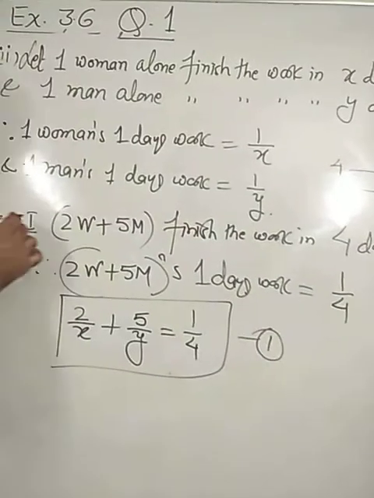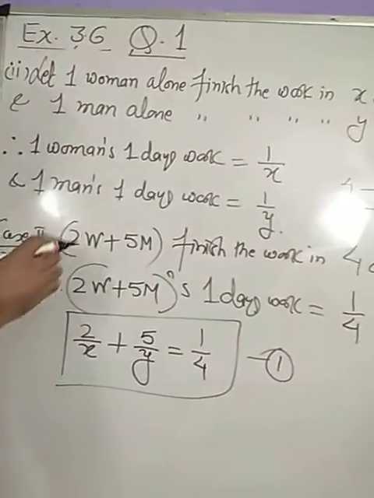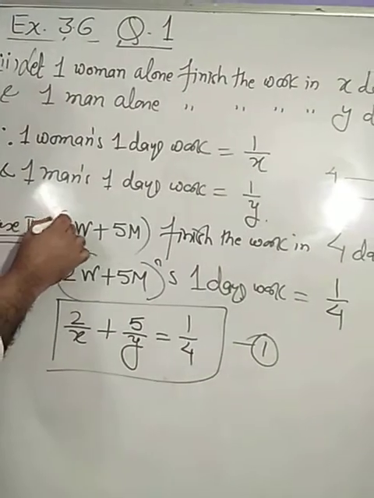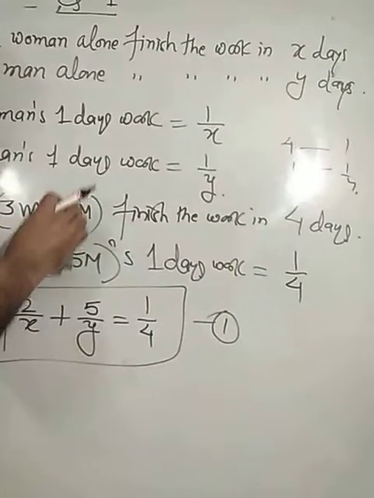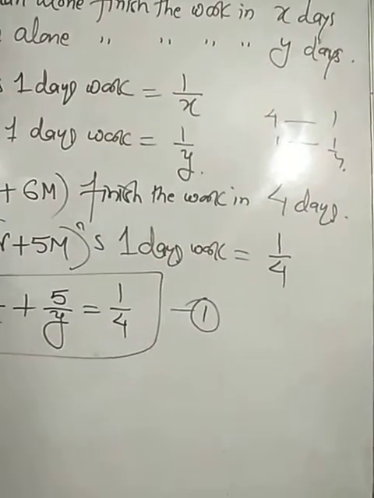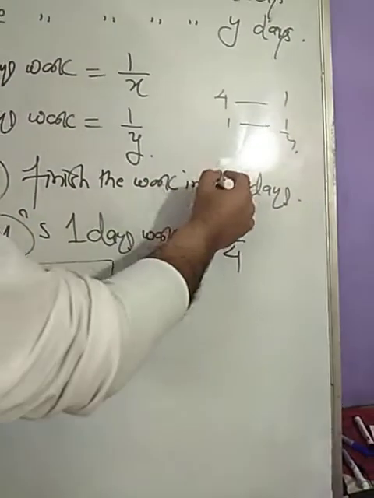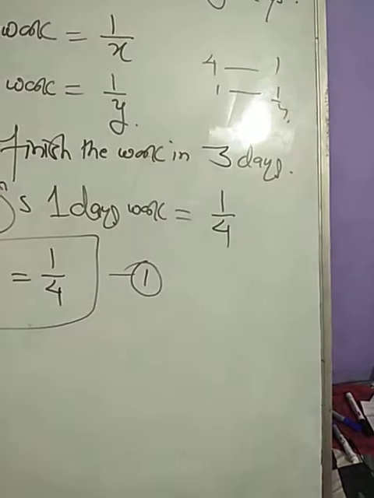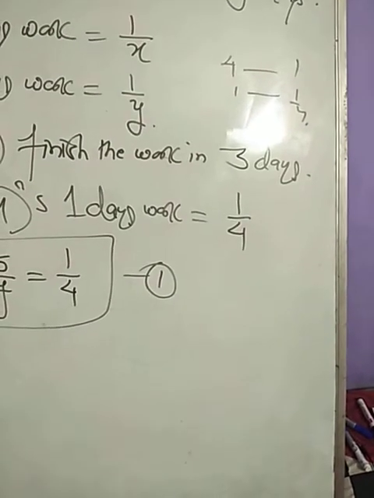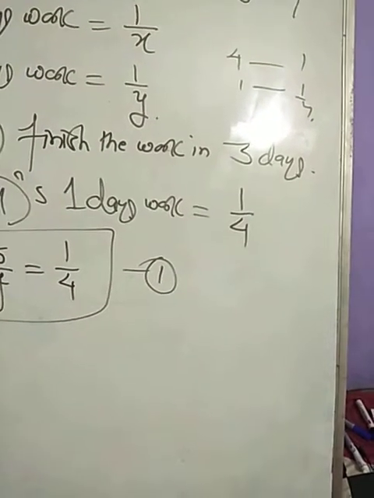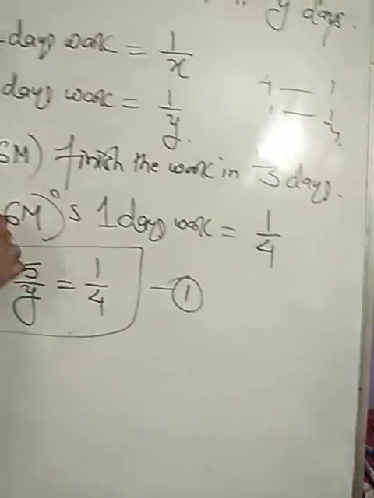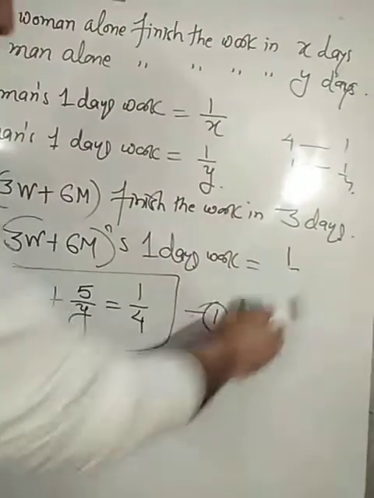Now case 2. In case 2 we are given 3 women and 6 men. They finish the work in 3 days. This is what we are given. Now the same thing we'll do. 3 women plus 6 men, 3 days work is 1.